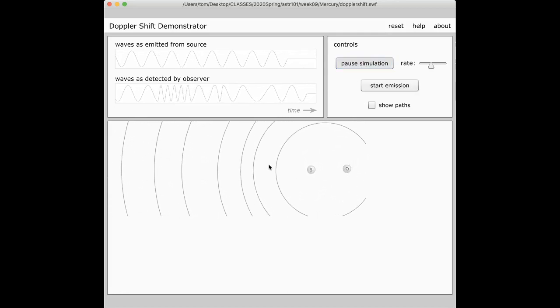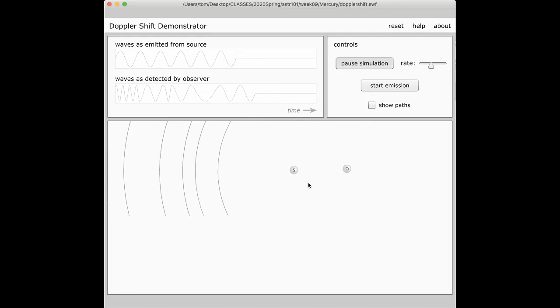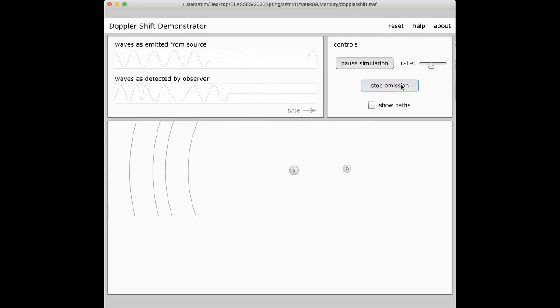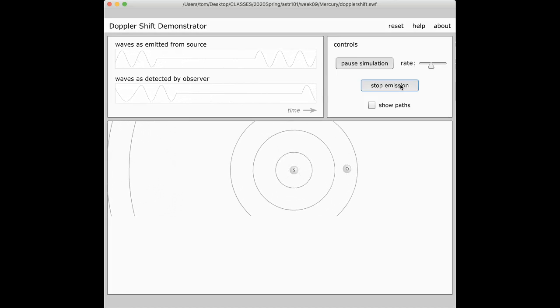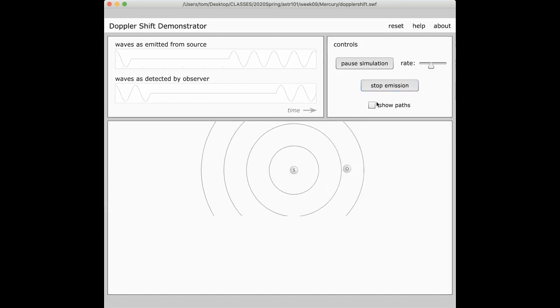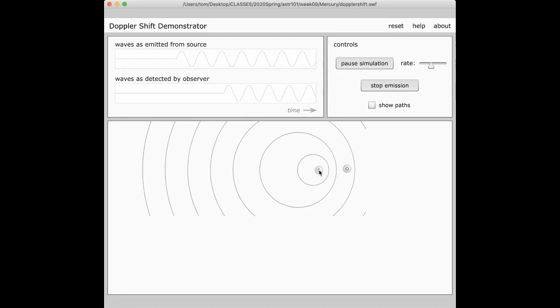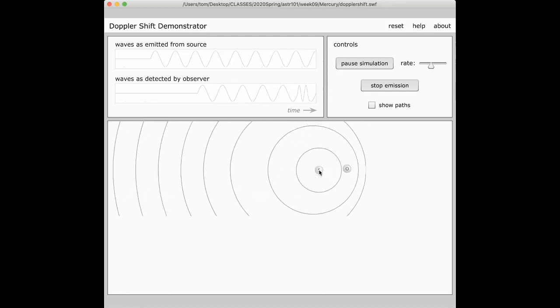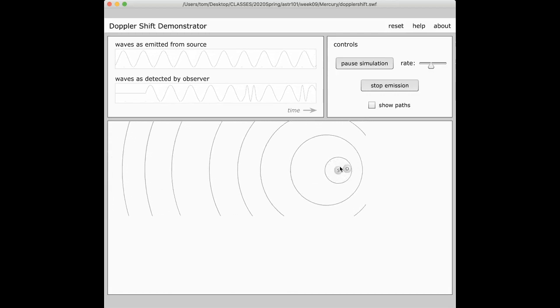So as the source moves towards the observer, it looks like the bangs get a little more frequent. Remember, I went from bang, bang, bang to, let's see if we can do it again, bang, bang, bang, bang, bang, bang. See, it gets a little faster as we do it that way.